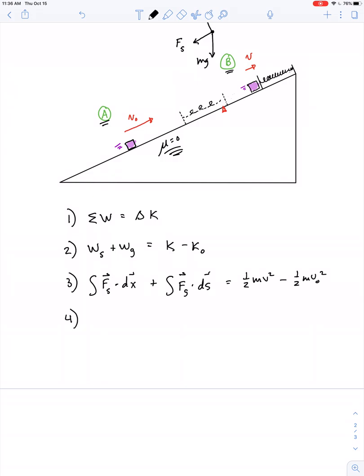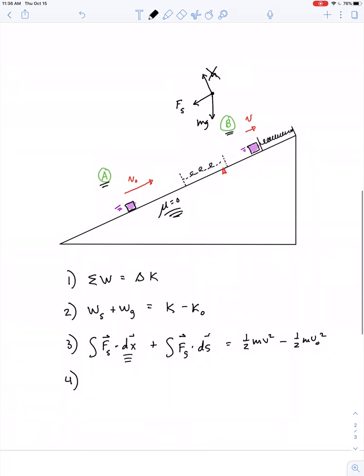Okay, so let's make sure we have our reference system clear of how we're measuring x, the compression of the spring. So this represents the relaxed length of the spring. So we'll say that's the equilibrium position, or in other words, the point where x would be equal to 0. So the spring had started out already, when the block first makes contact with it, with some amount of compression we'll call x naught, and by the time it reaches position B, the spring has a compression that we'll label as x.